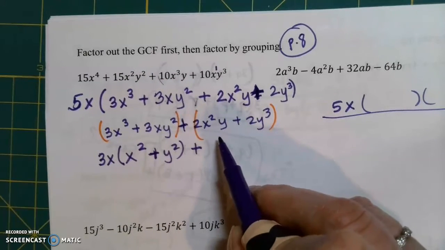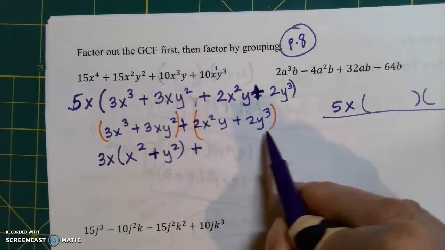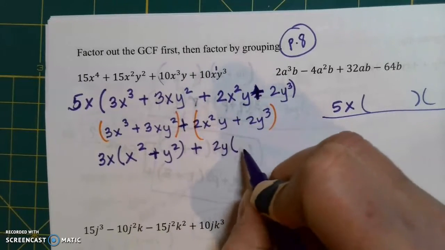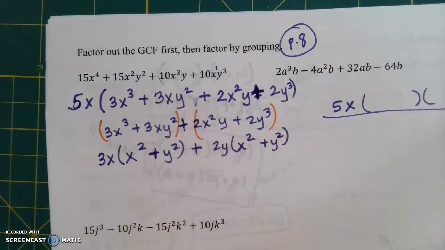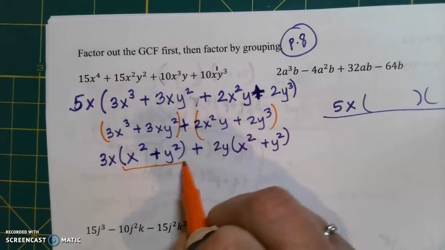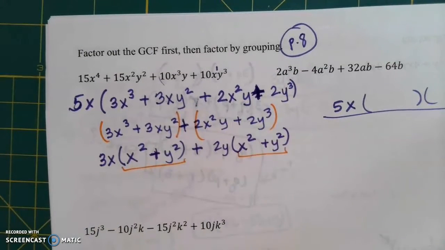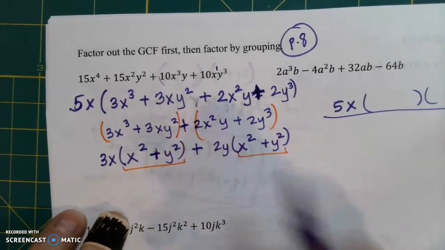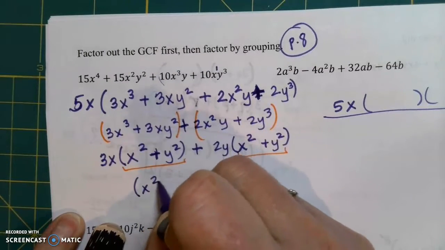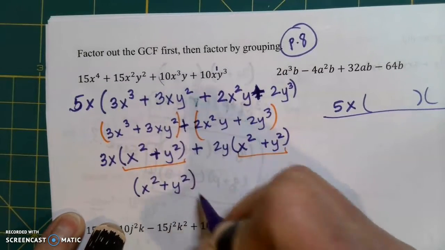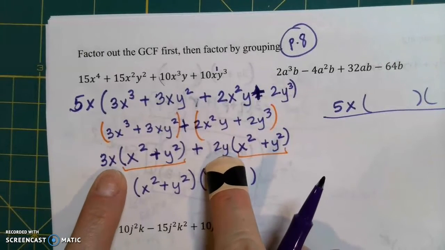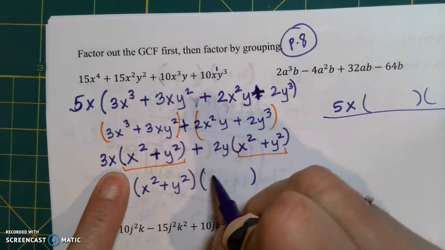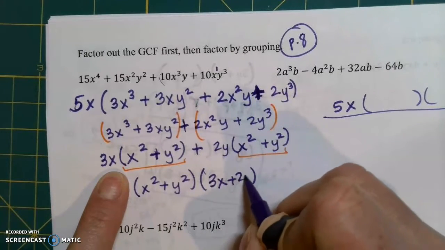And then in the next one, I could pull out a 2 and a y, leaving me with x squared plus y squared there. And that is great because that means our binomials are the same. So I can factor out the entire binomial. So x squared plus y squared is one binomial. And then the other binomial is going to be the leftover pieces there, the 3x plus 2y.